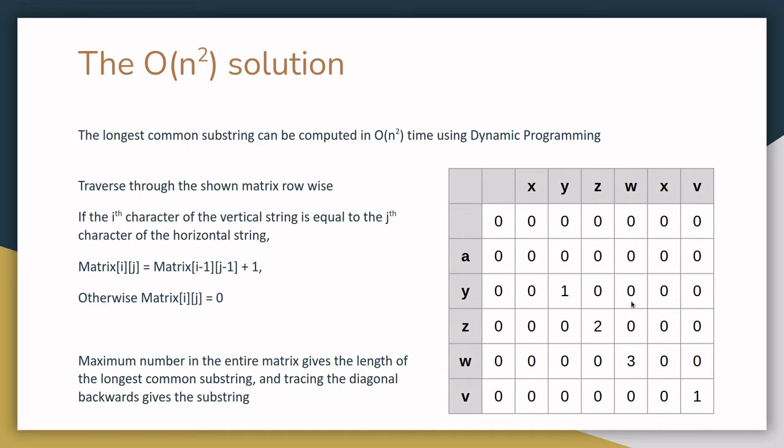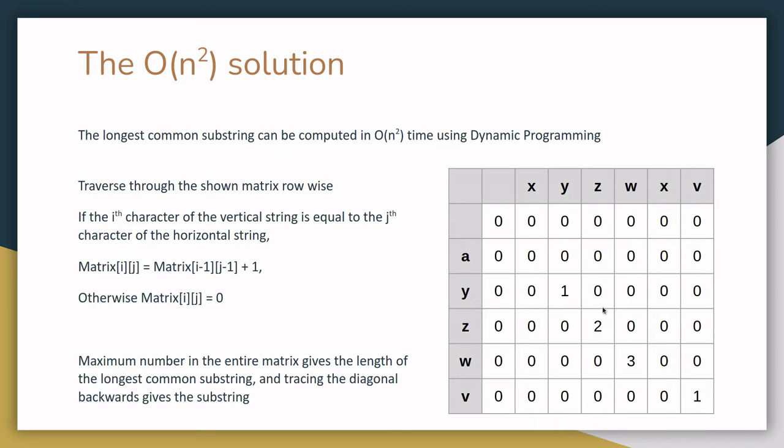So if we look at an example, as you can see here, both of these characters are y, and thus the value of this cell is the value of the cell which is diagonally behind, which is 0 plus 1, which is equal to 1. If you look at the cell next to it, the characters are not equal, and thus the value of it is 0.